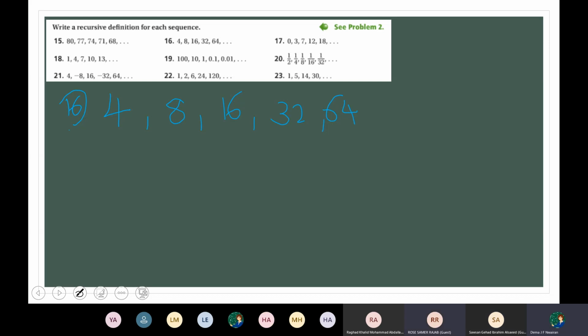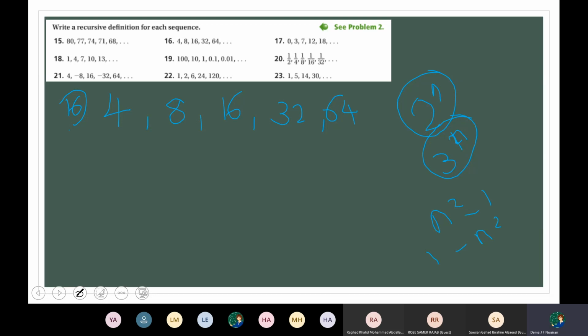I will give you a summary: every time you need to find any recursive formula, try to find the difference. If it is not, try to find the ratio. If it is not, try to use something like 2 to the power n or 3 to the power n. Sometimes it will be n squared, or n squared minus 1, or 1 minus n squared.